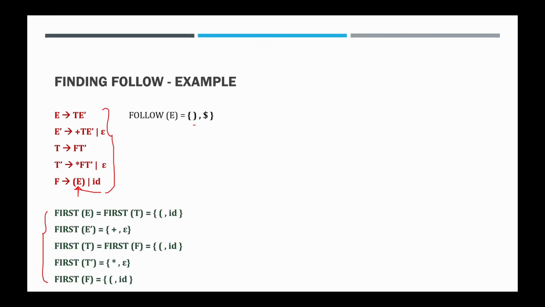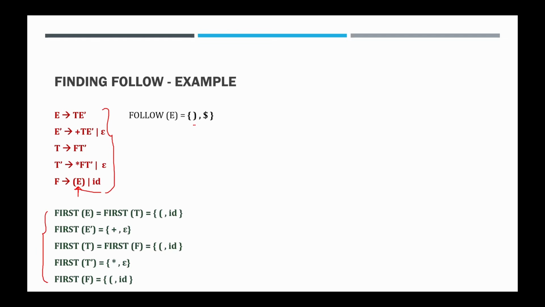First means the same as what we did before. Follow means completely go to the right hand side. First analyze what are the non-terminal symbols that we have. Here the non-terminals are E, E dash, T, T dash, F. Now completely move on to the right hand side and try to find the non-terminal symbols in each and every production. What is my first non-terminal I have taken?